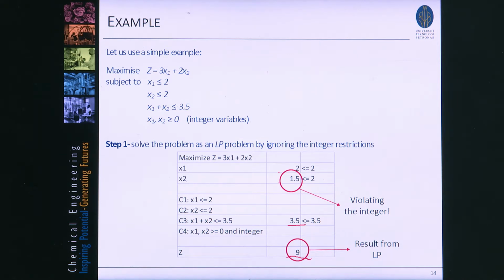If I run this to maximize z, I get 9, where x1 is 2 and x2 is 1.5. So this is the solution for our linear programming.